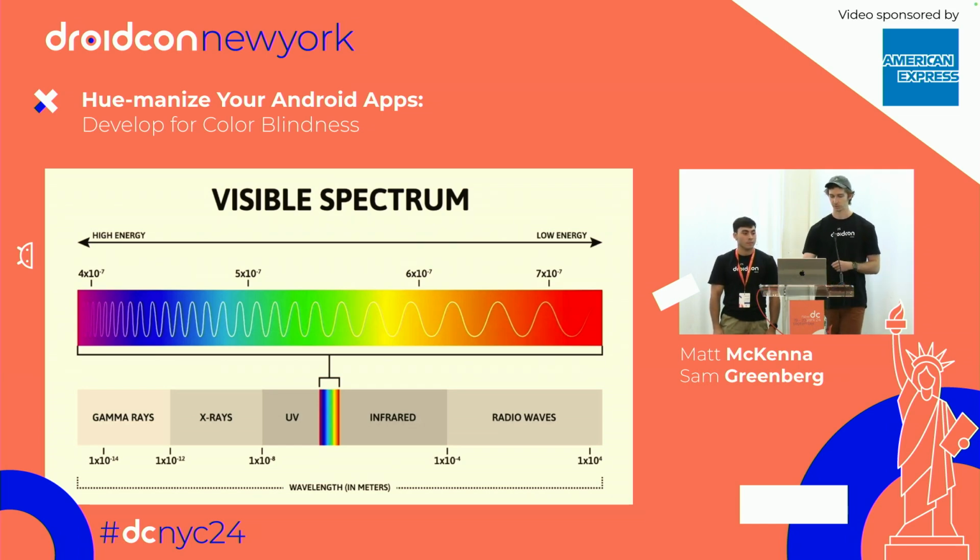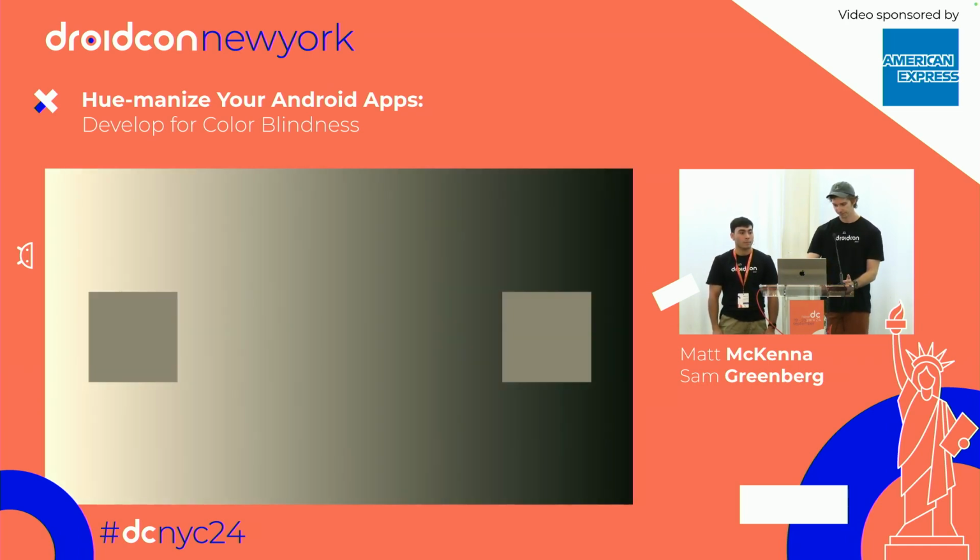What this means is different contexts impact how we see things on a screen or just in life. There's a well-known optical illusion that calls this out, and I hope this works on these projectors. The left and the right square are actually the same color, but because of our surrounding context, one might look a little darker and one a little lighter.